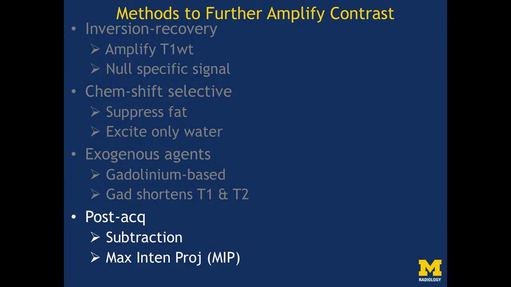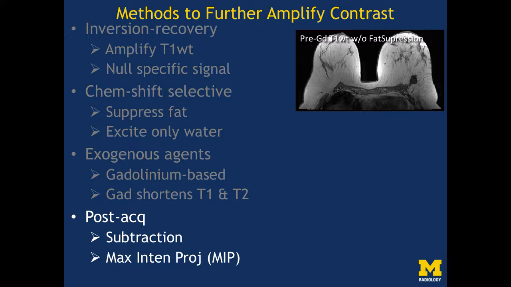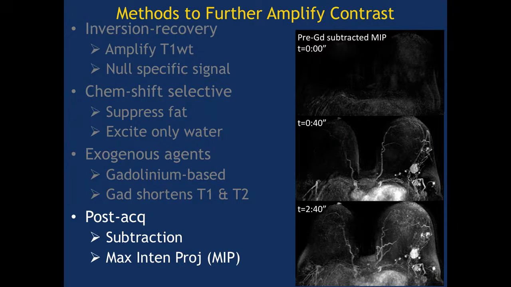And lastly, we can do computer manipulation of the data. We can subtract images acquired with and without fat suppression, or with and without gadolinium, and we can reformat them to look at them in 3D so that we can accentuate the contrast and make it easy for the radiologist to see a lesion.